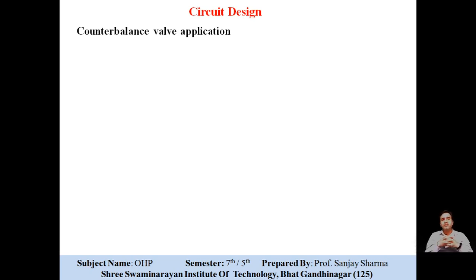The next circuit design which we are going to see is for the counterbalance valve application. It means normally in previous three designs, single cylinder actuating, double cylinder actuating, and the previous one, that is for the double pump system, we have seen the location of actuator.